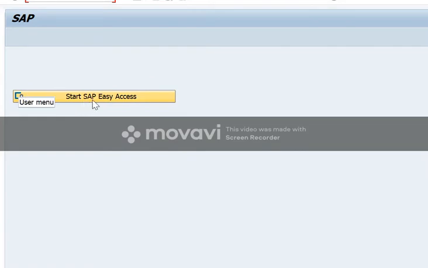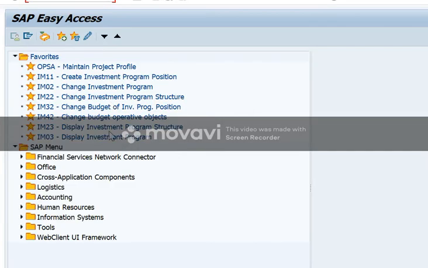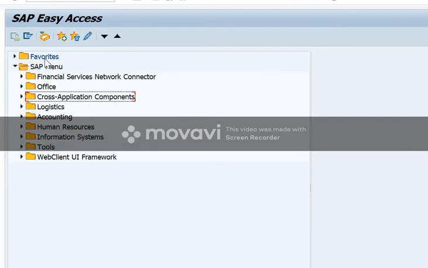This is how the first transaction comes into picture, which is the SAP Easy Access. And then what we need to understand is that we can also add favorites over here, which means that if there's any transaction that you use continuously on a day-to-day basis, we can add it on the favorites tab over here. And underneath that, you have the SAP menu.